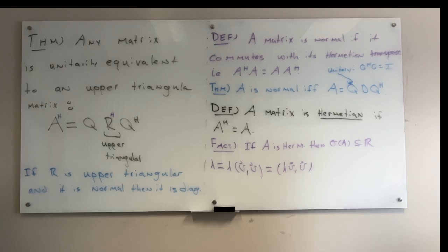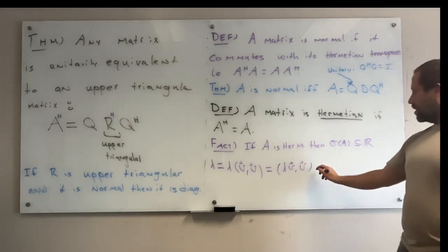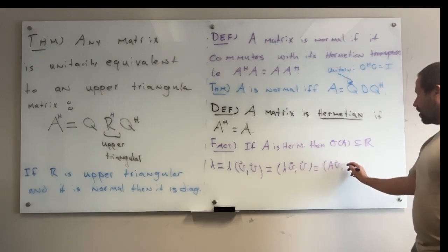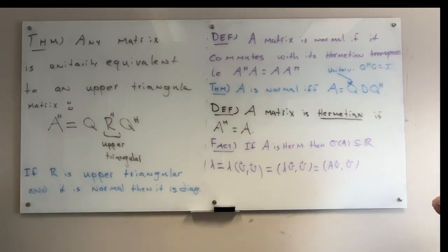All right, so what is lambda v? Well, it's just equal to Av, because lambda and v are an eigenpair. Now, in general, this is equal to v times A^H v. That's just one of the properties that the Hermitian adjoint satisfies.